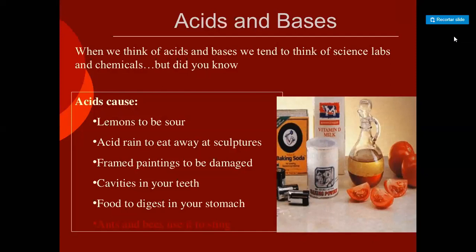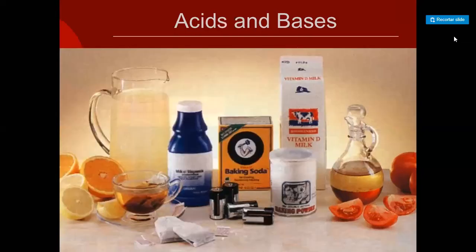And on the other hand, dilute hydrochloric acid, which has about 4% concentration, helps with digestion of food in the stomach. Now, acids and bases are found in common household items.